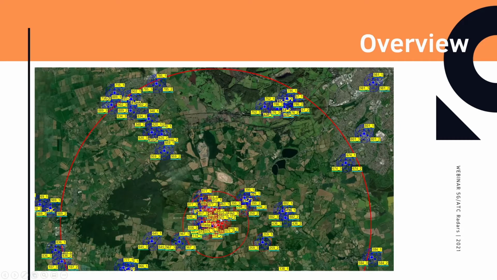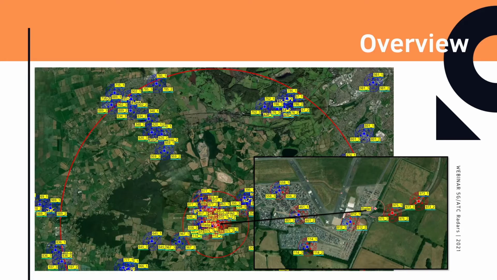So the coordination is needed up to 7 kilometers, and we're going to take the UK approach to coordination, the technical framework for the coordination process between 5G and ATC radars, as an example. Sites beyond 7 kilometers don't need to coordinate. Sites within 7 kilometers need to coordinate.